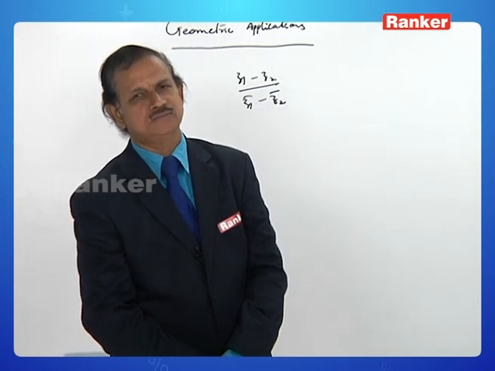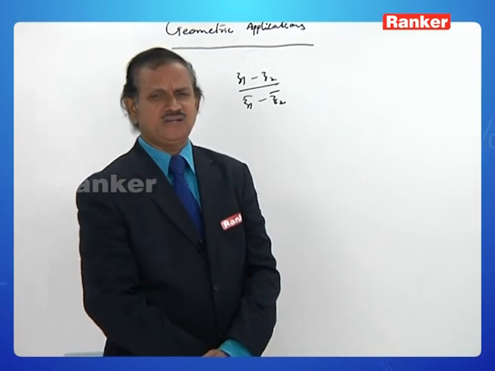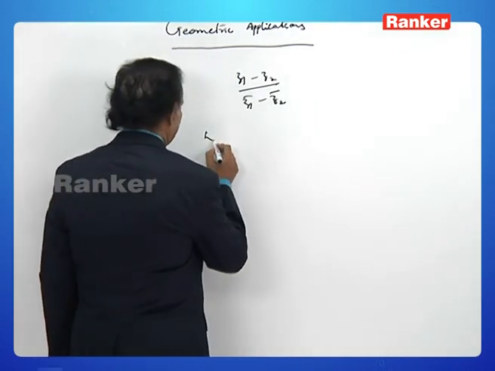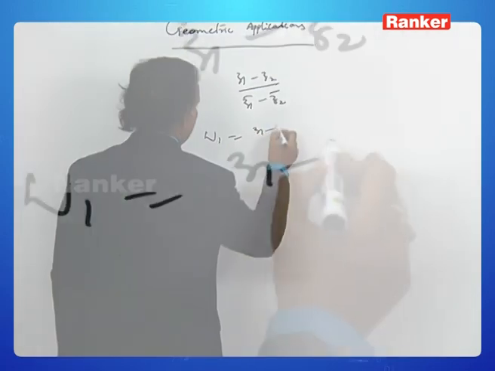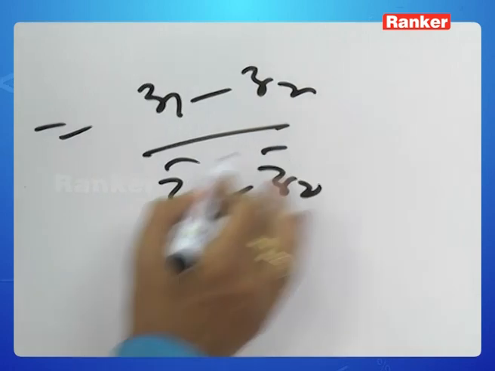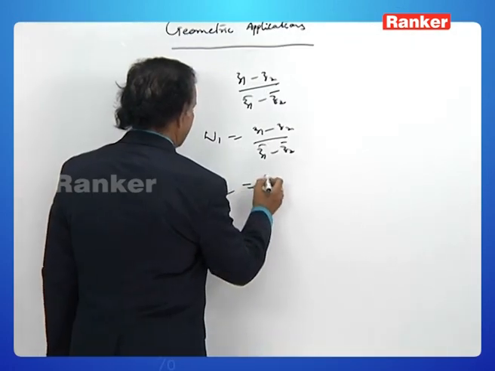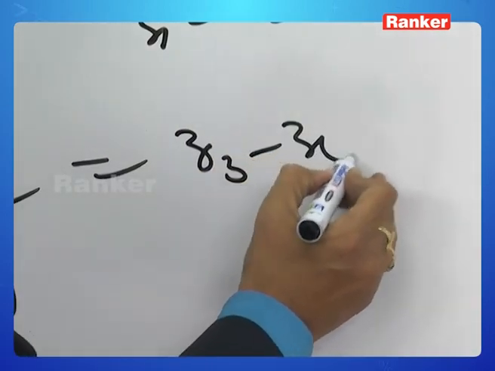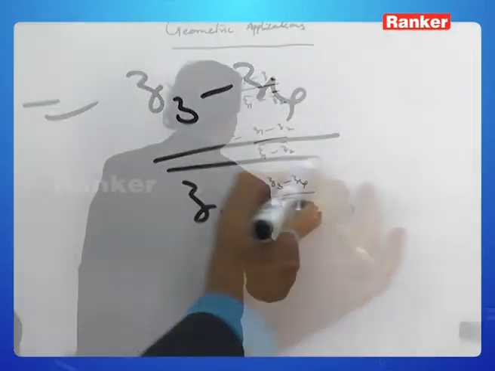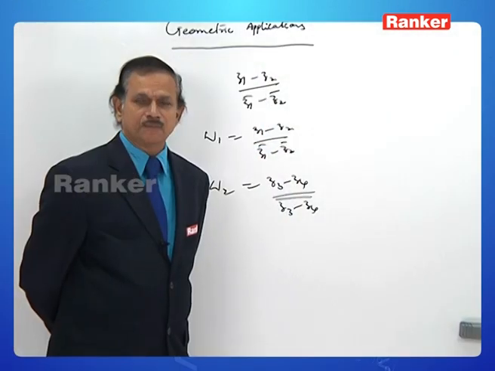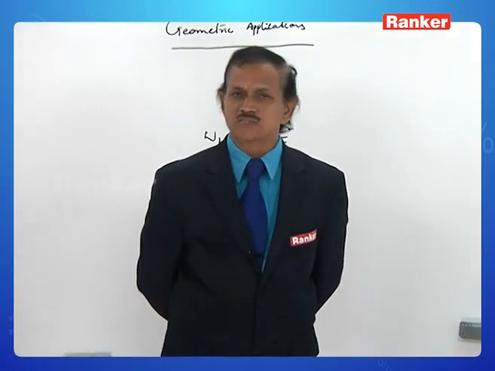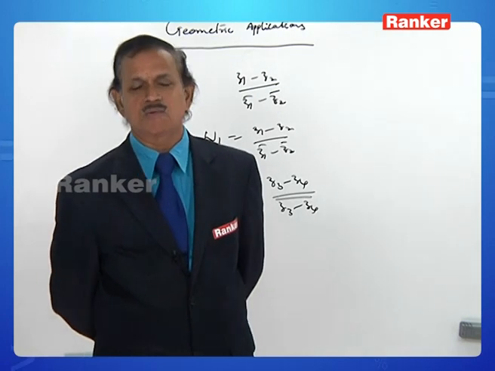It can be derived very easily, of course, if you take W1 as (Z1 minus Z2) by (Z1 bar minus Z2 bar), and W2 as (Z3 minus Z4) by (Z3 bar minus Z4 bar). If two straight lines have equal slopes, they are parallel, no problem.